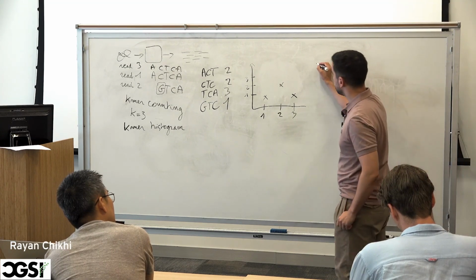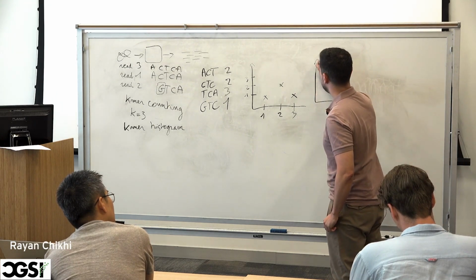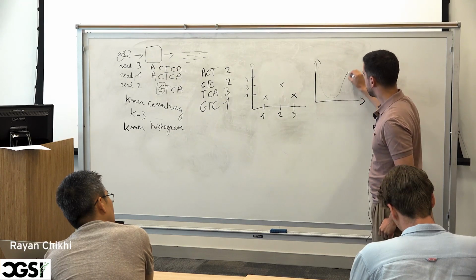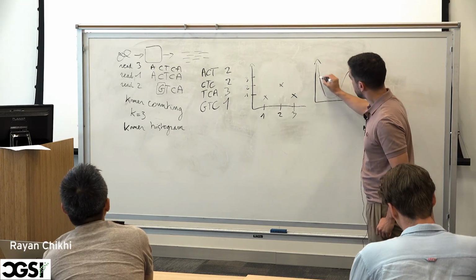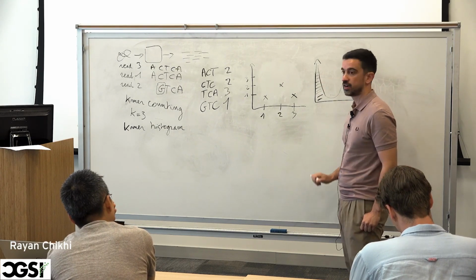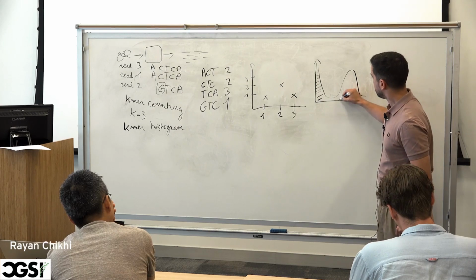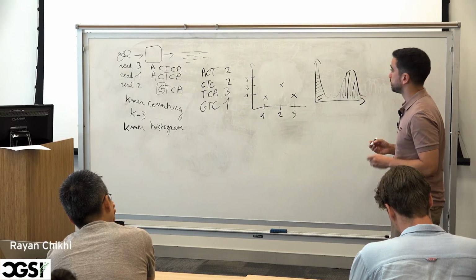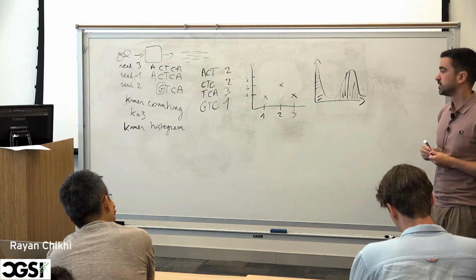So where I'm going with this is that in actual sequencing data, what you typically observe are K-mer histograms which look like this, where this region corresponds to K-mers which contain sequencing errors, and this region corresponds to K-mers from the actual genome that you sequenced.